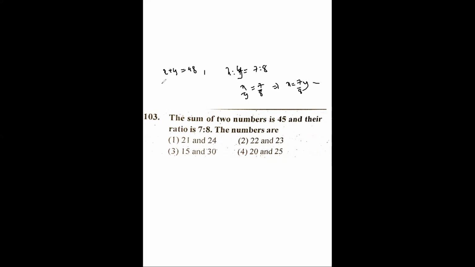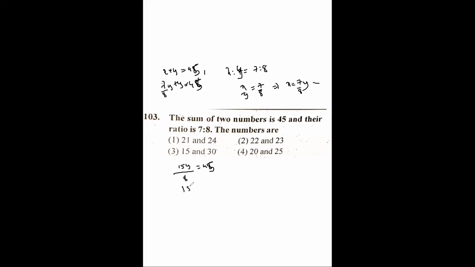So in place of x, I am substituting 7 by 8y, plus y is equal to 48. On taking the LCM, which is 8, and simplifying, 7y plus 8y is 15y. 15y is equal to 48, sorry, is equal to 45. Sum is 45.